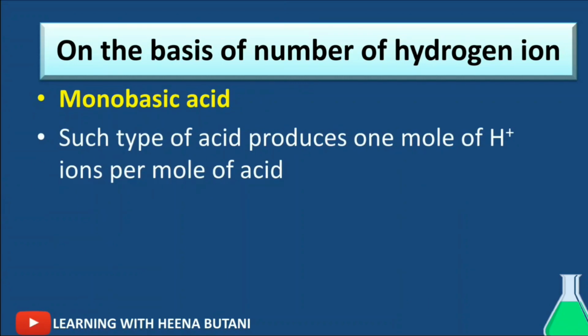Such type of acid produces 1 mole of H plus ions per mole of acid. For example, HCl, HNO3. One molecule of HCl contains 1 hydrogen atom, one molecule of HNO3 contains 1 hydrogen. So it is monobasic acid.